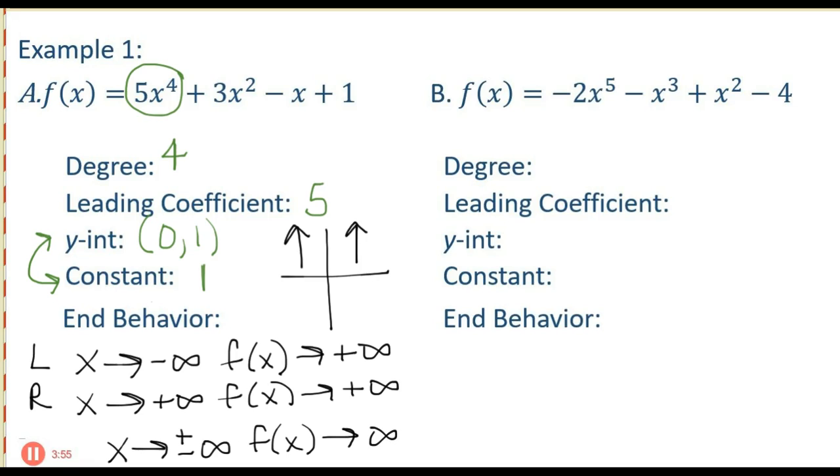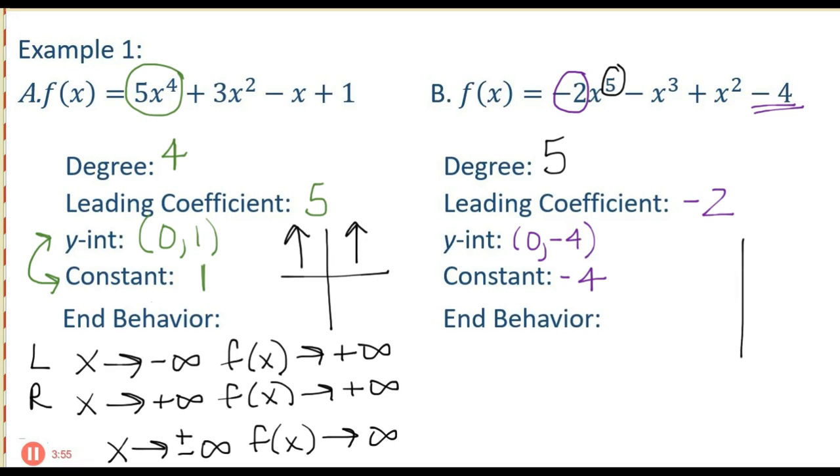So now let's look at the second function here. My degree is 5. My leading coefficient is negative 2. The constant is negative 4, which also means that my y-intercept is at (0, -4). When I draw a sketch so I can visualize what's happening at the end, because I have a negative leading coefficient, that means it's going to decrease on the right.